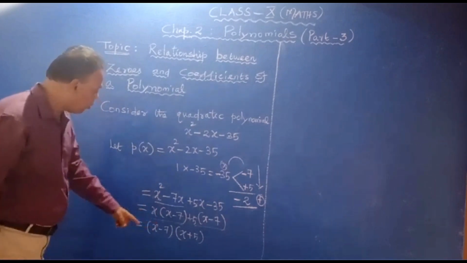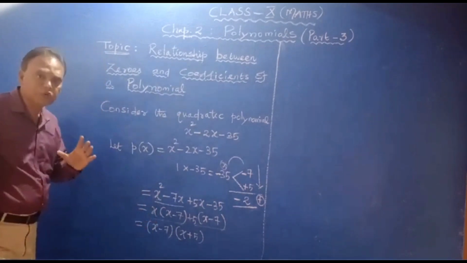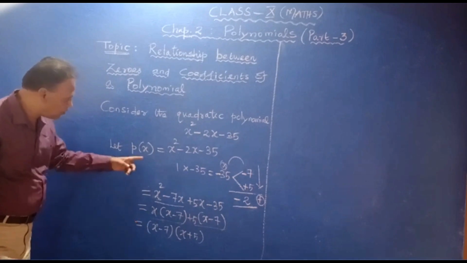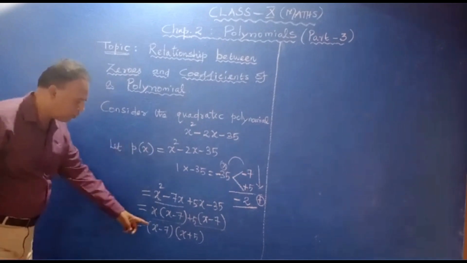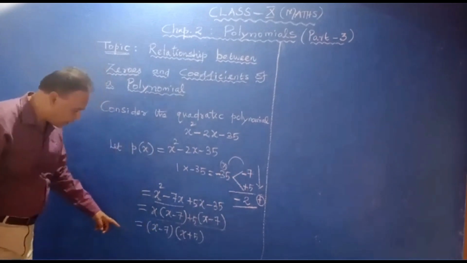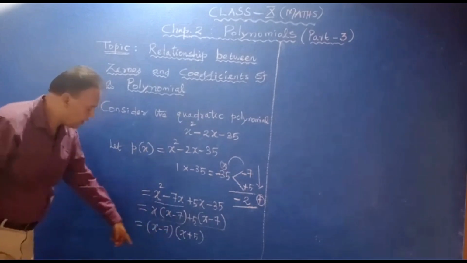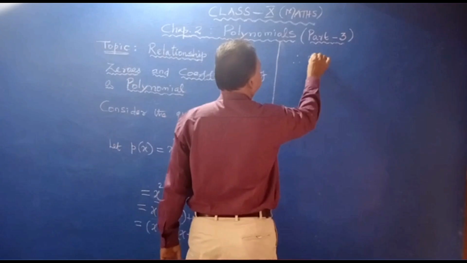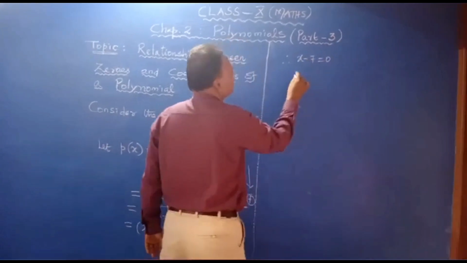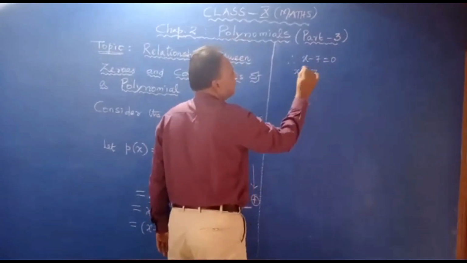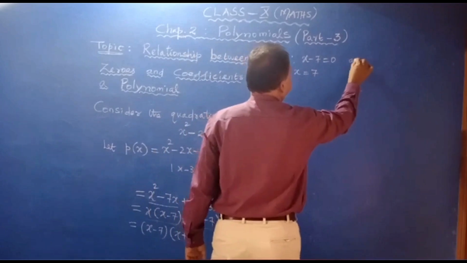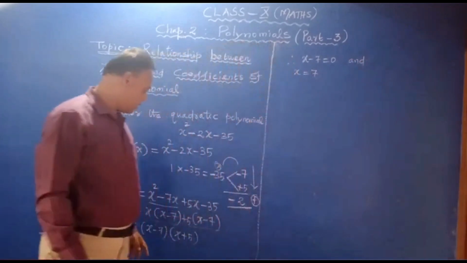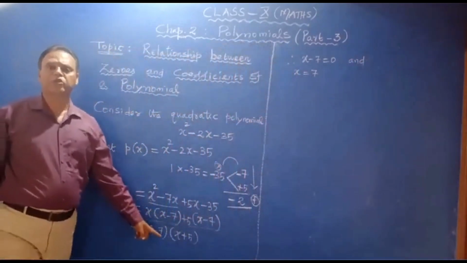Then we have to find the zeros, so you have to make this polynomial equal to 0. Zero means each factor you make 0. Therefore, x minus 7 is equal to 0, so x is equal to 7. In the same way, x plus 5 is also a factor.